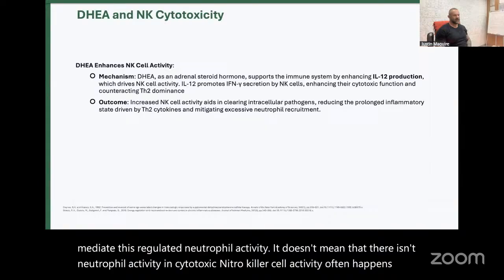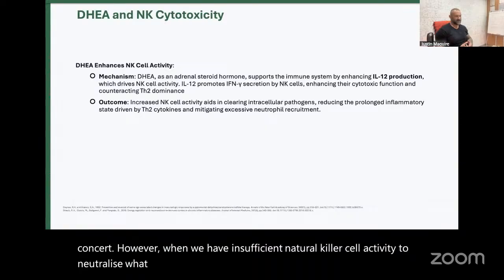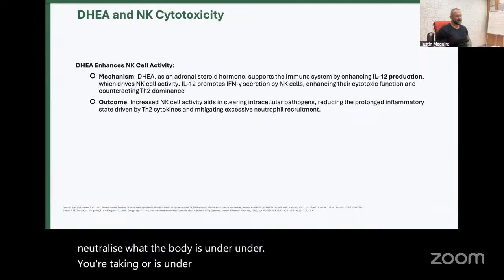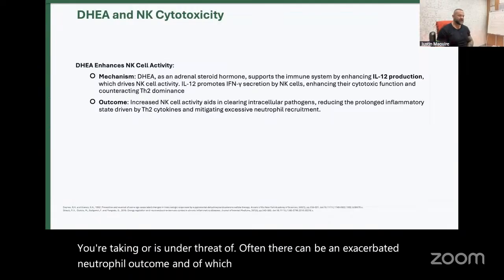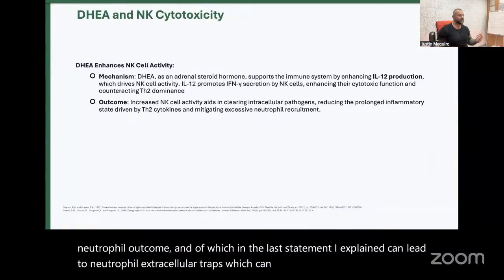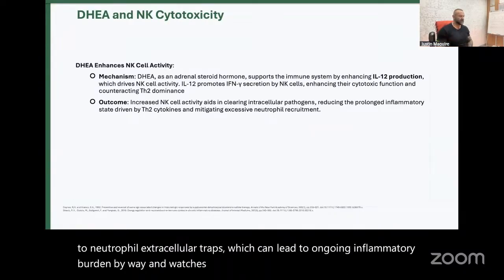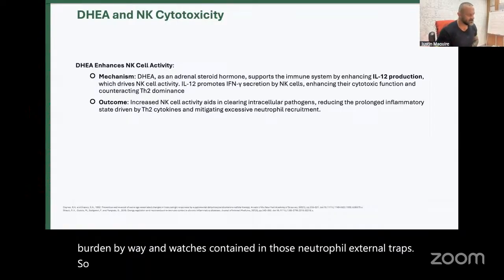However, when we have insufficient natural killer cell activity to neutralize what the body is under threat of, often there can be an exacerbated neutrophil outcome, which, as I explained in the last segment, can lead to neutrophil extracellular traps, which can lead to an ongoing inflammatory burden by way of what is contained in those neutrophil extracellular traps. So DHEA actually enhances natural killer cell activity.